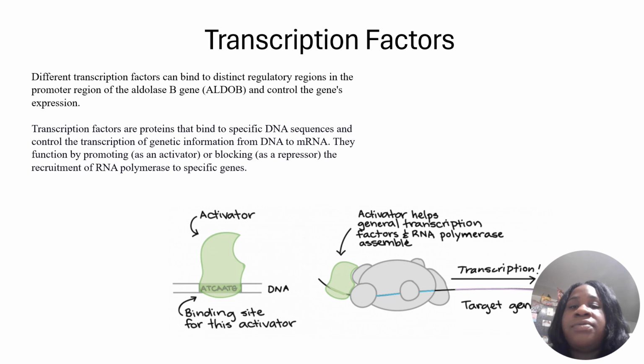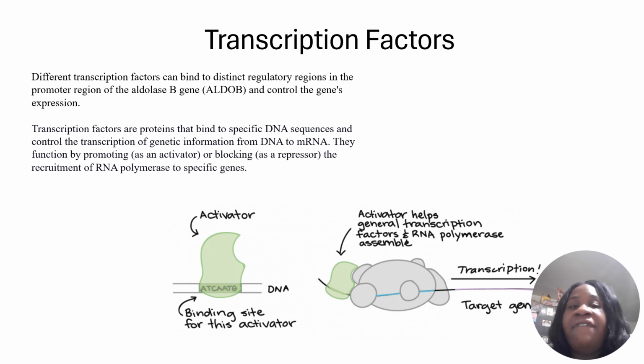Certain isoforms are expressed in the liver and can modulate aldolase B. So C/EBP binds to C/EBP binding sites within the promoter region of the aldolase B gene and can either activate or repress its transcription. It just depends on the cellular context. So C/EBP is involved in the regulation of gene expression during different physiological states such as fasting, feeding, and metabolic stress.